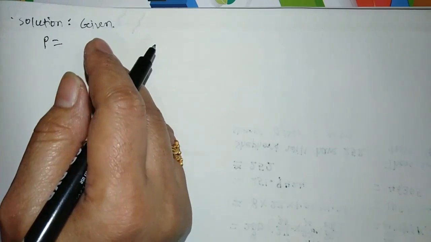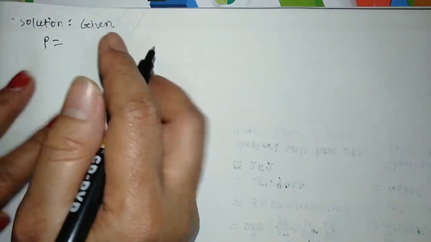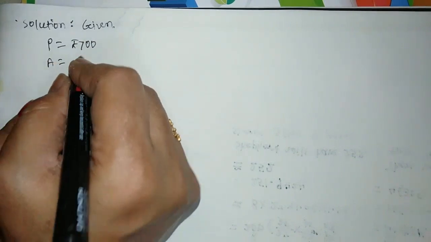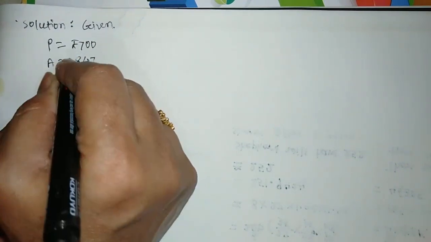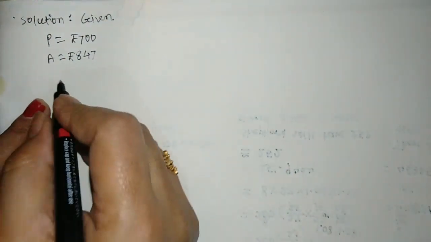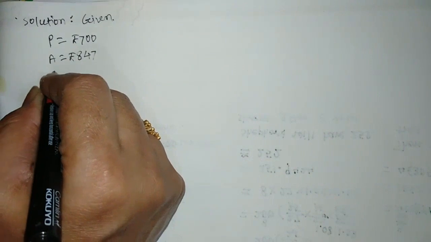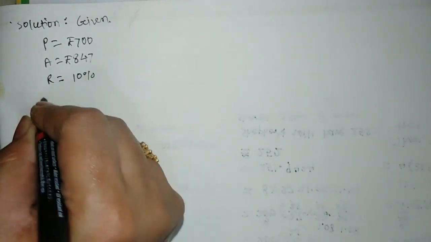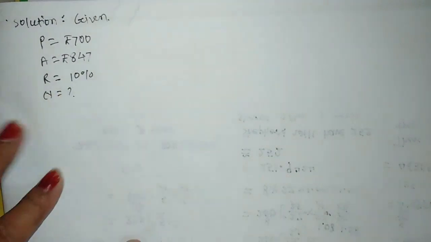P is equal to 700 rupees. A is equal to 847 rupees. R is equal to 10%. N is equal to question mark.